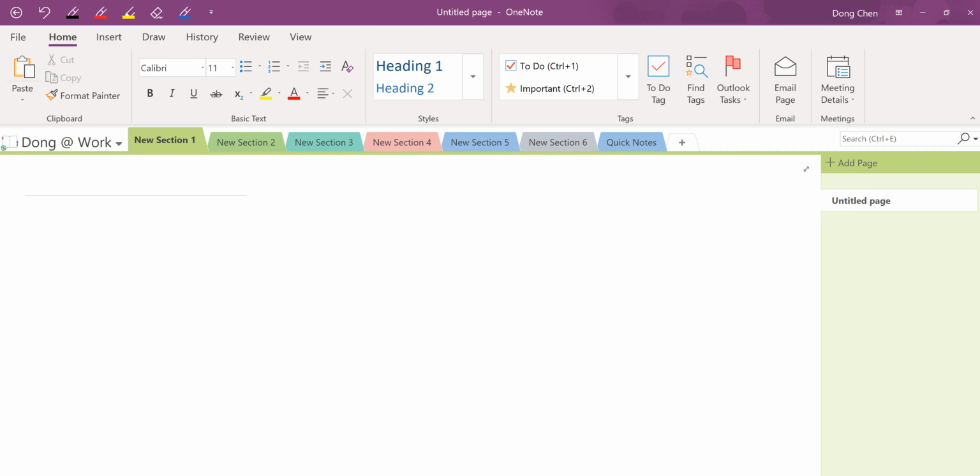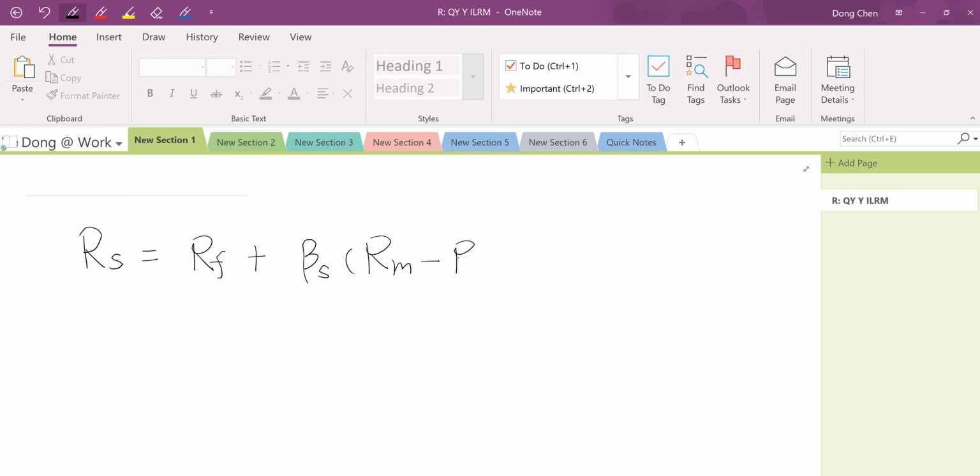So to make it clearer, let me write down what I have shown you. Basically, what we are doing here is RS, the stock return, equals RF plus beta S times (RM minus RF).